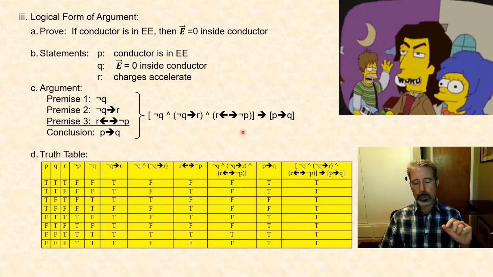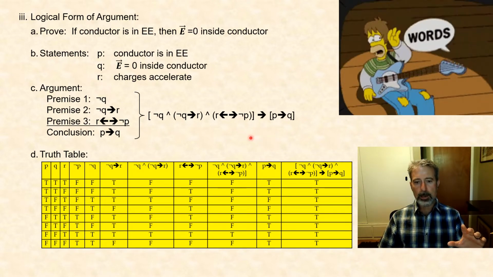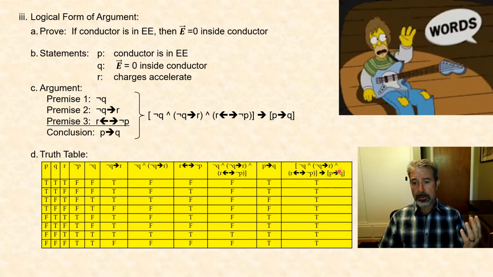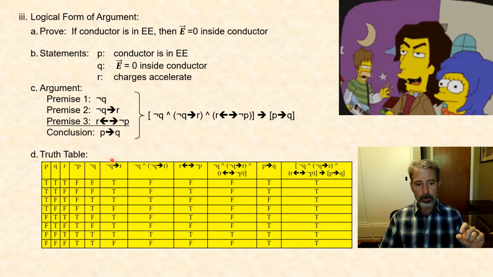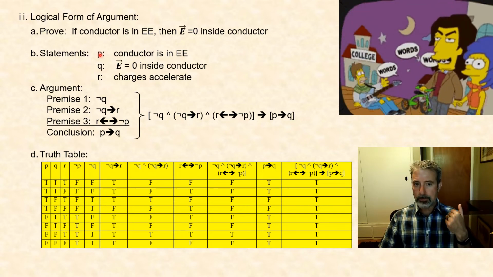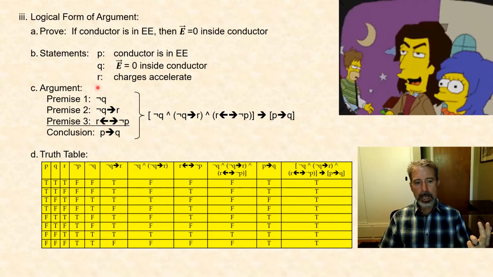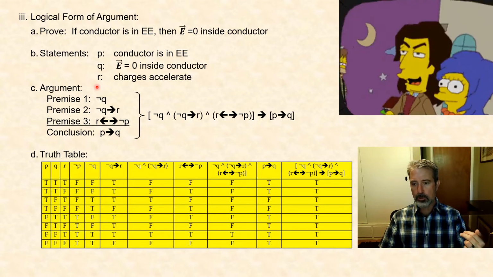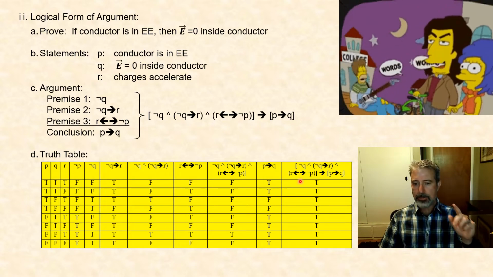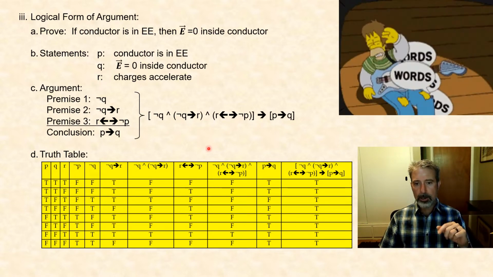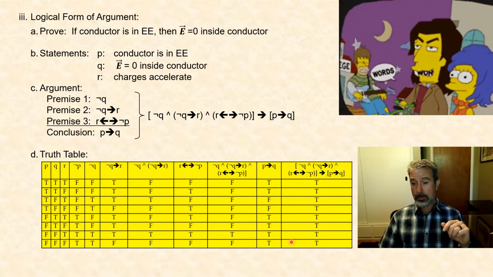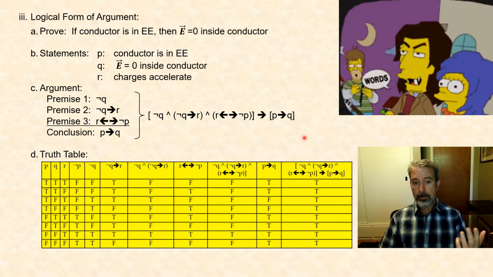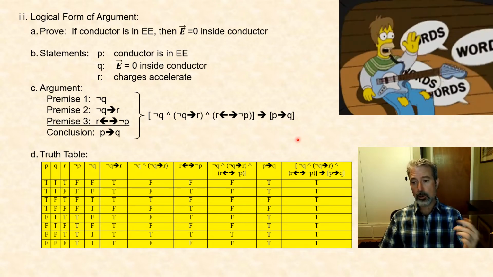And you recall that when you set this up and you form the truth table, if you can find that for all possible values of P, Q, and R, all possible combinations of their truth value, whether they're true or false, lead your final argument to be true in all possible cases, then it is a valid argument.